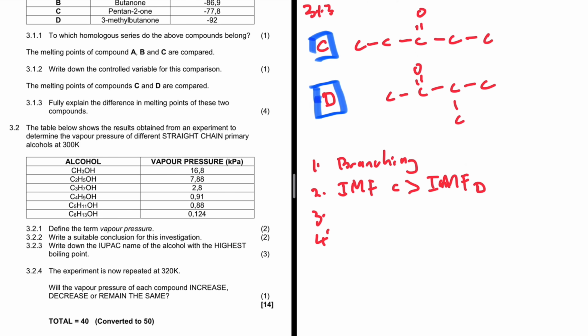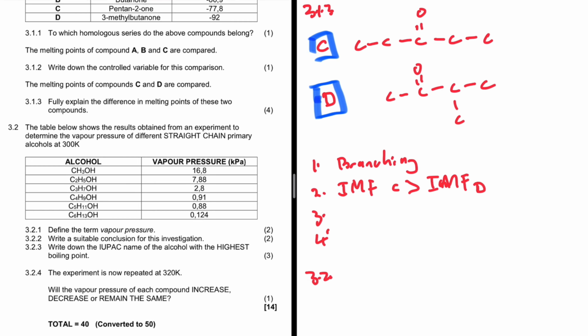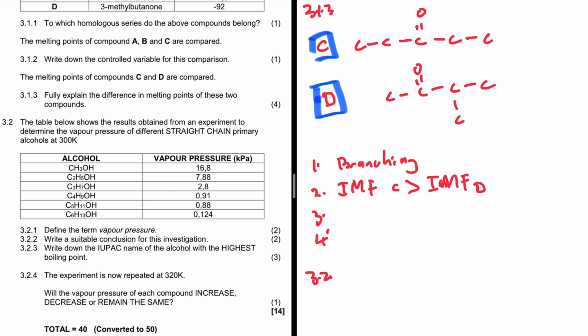Let's take a look at 3.2. The table below shows the results obtained from an experiment to determine the vapor pressure of different straight chain primary alcohols at 300 kelvins, I would assume, right? And then 3.2.1, we're supposed to define the term vapor pressure. I'll let you do that.